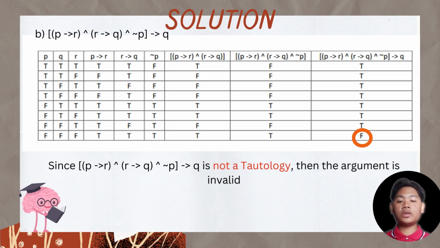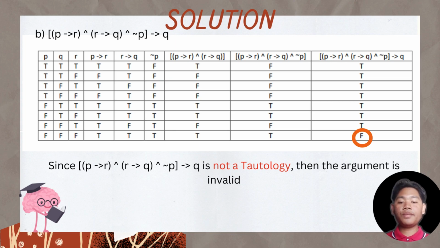For statement Q, fill with true, true, false, false, true, true, false, false in the column. Meanwhile, for statement R, fill with true, false, true, false, true, false, true, false in the column.